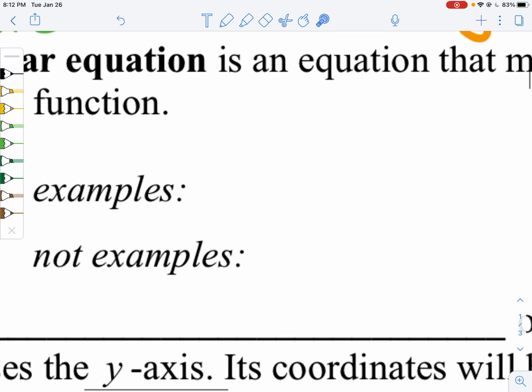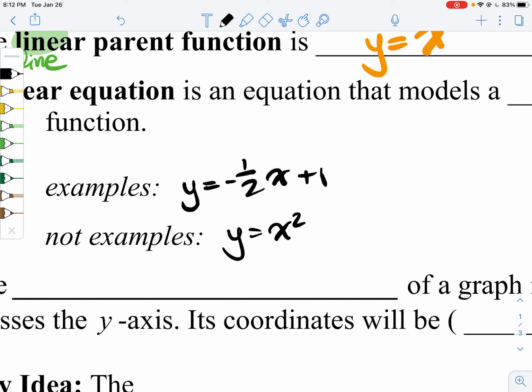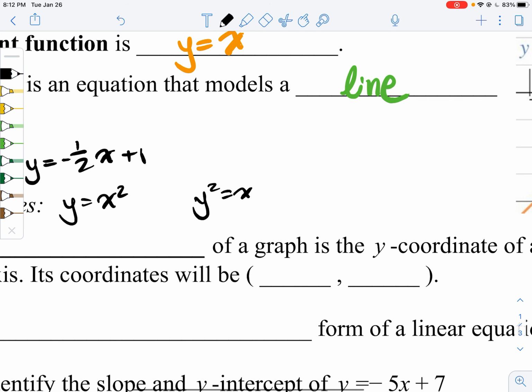So examples of linear functions are anything that has y equals x. You can have y equals a half of an x, y equals negative half of an x. You can add 1, and that's great. What you cannot do is put any exponents on there. You can't have y squared equals x, which is also known as y equals the square root of x.